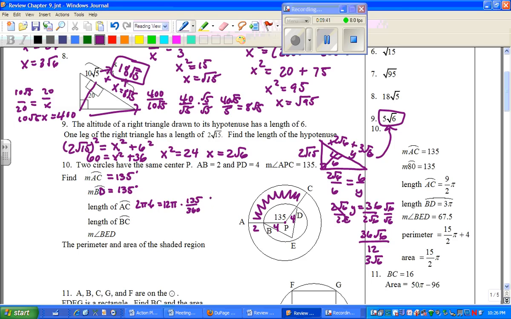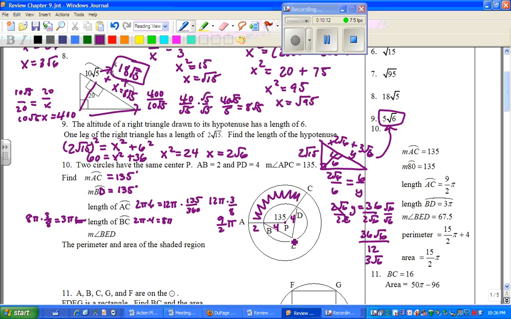So we got 12 pi times 3/8, and that reduces to 9/2 pi. For BC, we'll put it this way. BC has a radius of 4, so that's 2 pi times 4, which is 8 pi. So we got 8 pi times 3/8, and then we end up with 3 pi for that answer.